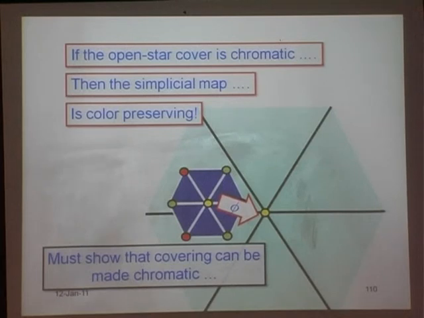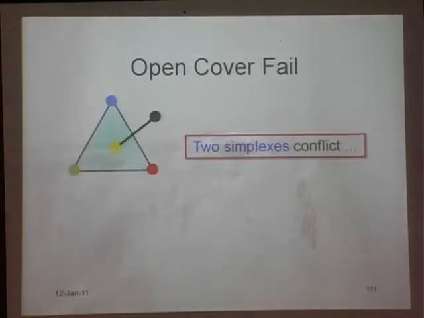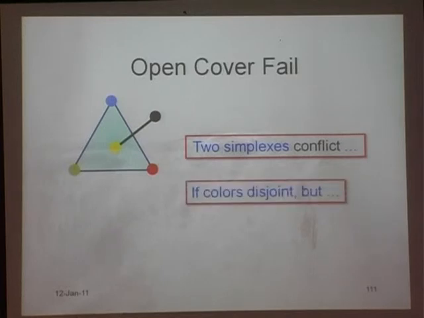So what we need to show is that if we have a covering, we can make it chromatic. So we always have such a covering, but it's not necessarily the case that it's a chromatic covering. So we need to argue that we can fix this. Now, how can this fail? Well, we'll say that two simplexes conflict if they have disjoint colors.